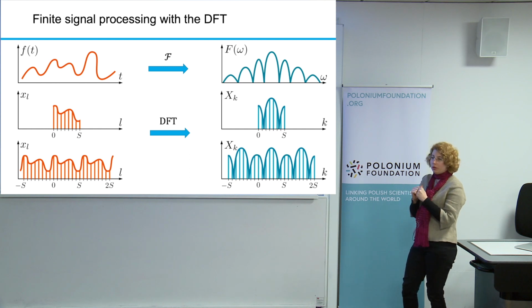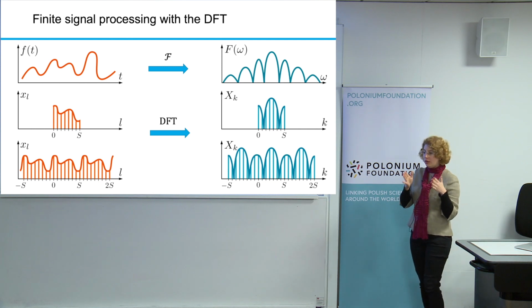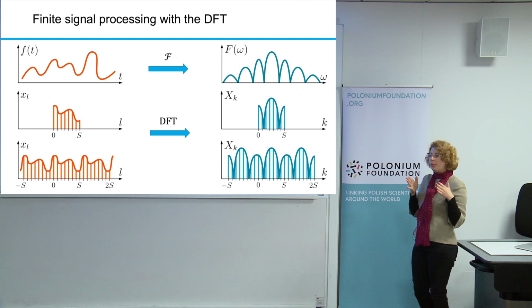But the transform that we employ on the computer actually sees this finite sequence as a periodic sequence, an infinite one. It is kind of multiplied in a computer and computed as if this sequence was just one period of a periodic function. This is not necessarily true.